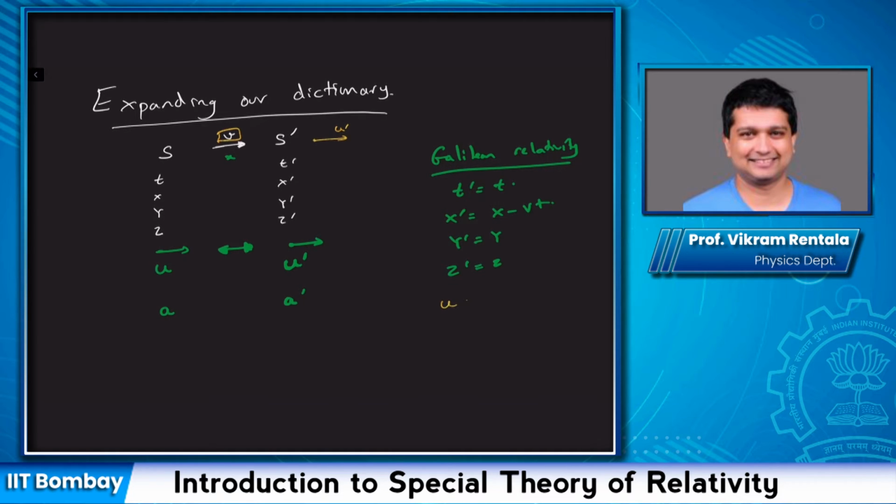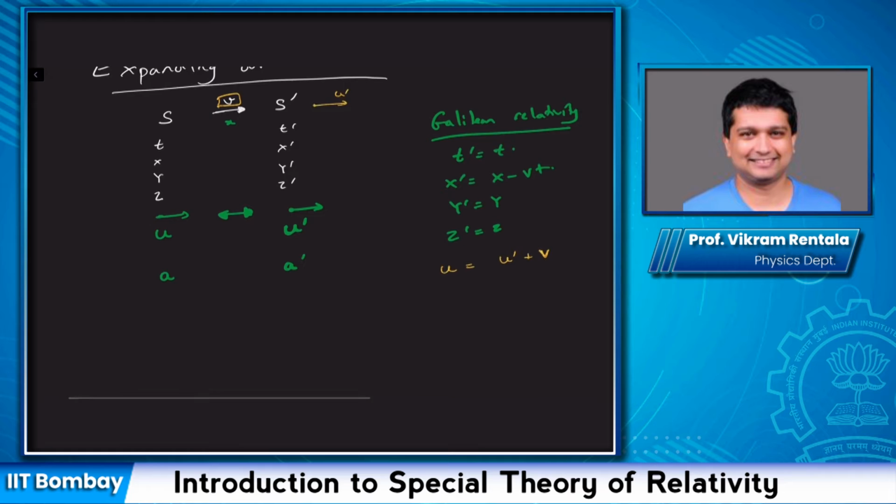So that is, the speed u would be equal to the speed u prime plus the relative speed of the frame S prime relative to the frame S. And finally, we saw that the accelerations would just be the same in both reference frames. So we have a dictionary for coordinates and we have a dictionary which includes more words, such as how velocity is transformed and how acceleration is transformed.